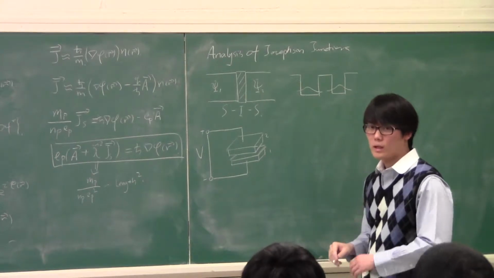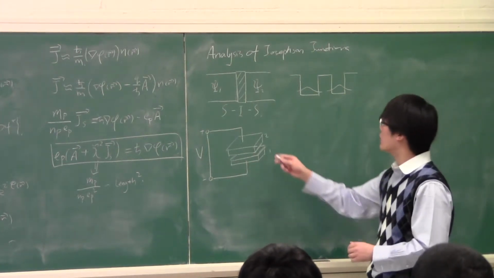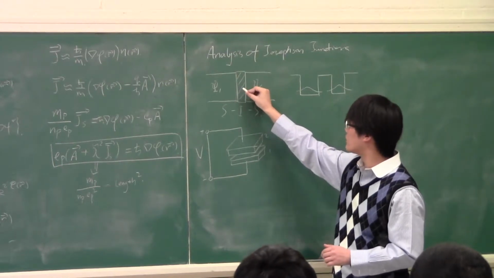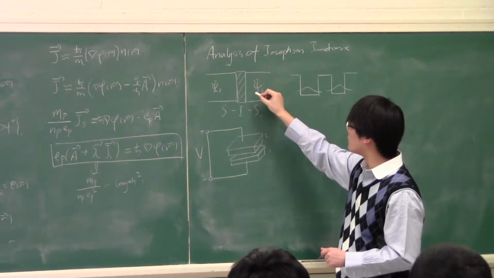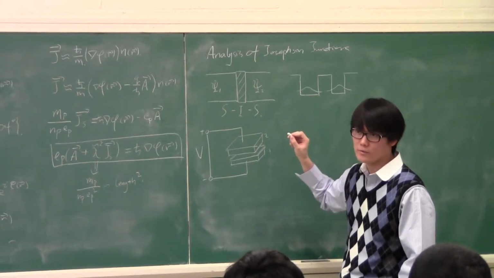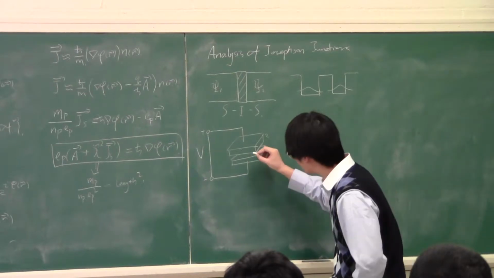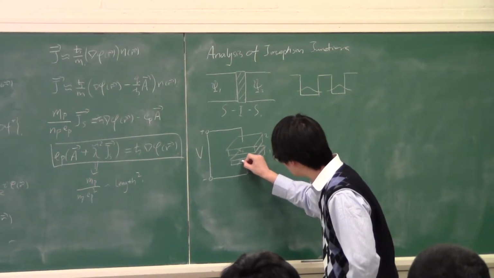Okay, and now because we say that over here, the particles tunnel across this barrier. So now let me call the phase of the two superconductors chi2 and chi1.